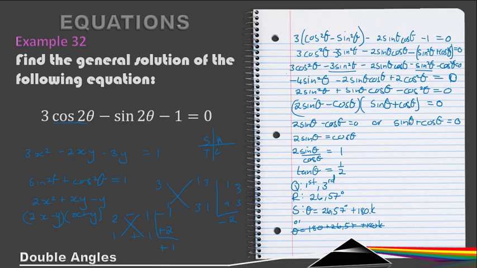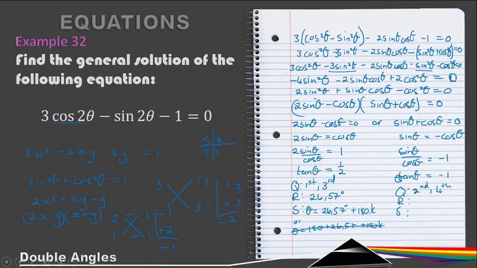Now on the other side, we can also change this into tan by saying sine theta equals negative cos theta. If we take that over, then divide both sides by cos theta, we have sine theta over cos theta equals negative 1. So tan theta equals negative 1. Then we start by QRS, and the quadrants where tan is negative are the second and the fourth quadrant.